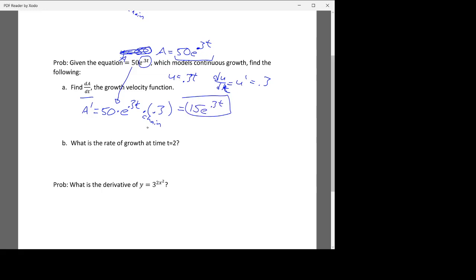Now we say, what's the rate of growth at time t equals 2? Well, this is a rate of growth, right? A prime, the change of amount with respect to time. It's a growth velocity, so it's a rate, growth rate. So what is the rate of growth at time t equals 2? We just plug in, we want A prime of 2. So A prime was 15 e to the 0.3 and then 2. So 15 e to the 0.6. We need to do e to the 0.6 power on the calculator, which is 1.822.